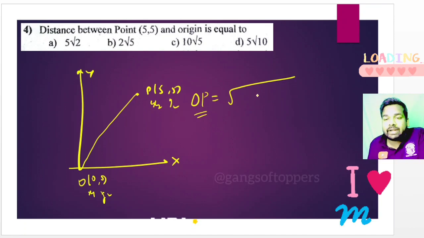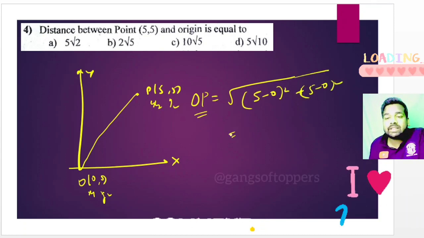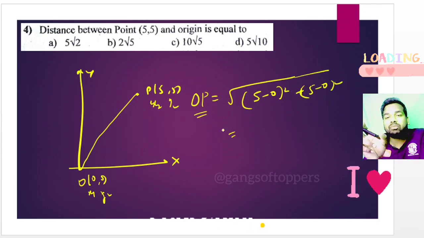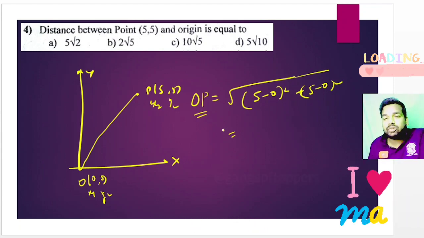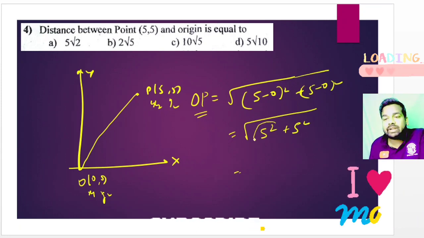So we apply 5 minus 0 the whole square plus 5 minus 0 the whole square, because the question is asking for the distance between the point P and the origin. So here we get root under 5 square plus 5 square. We can take 5 square common, and then we get 1 plus 1 under the root.